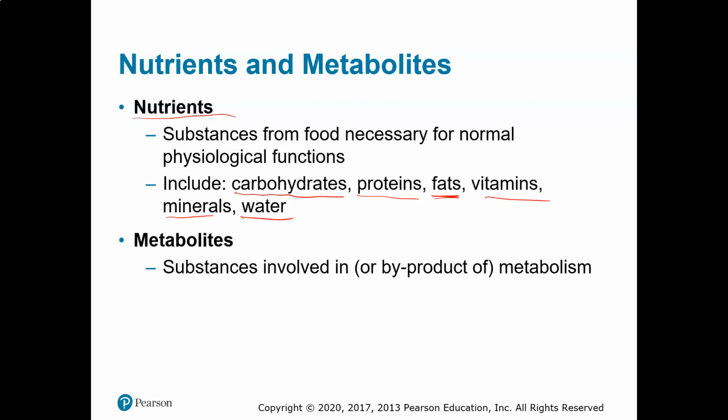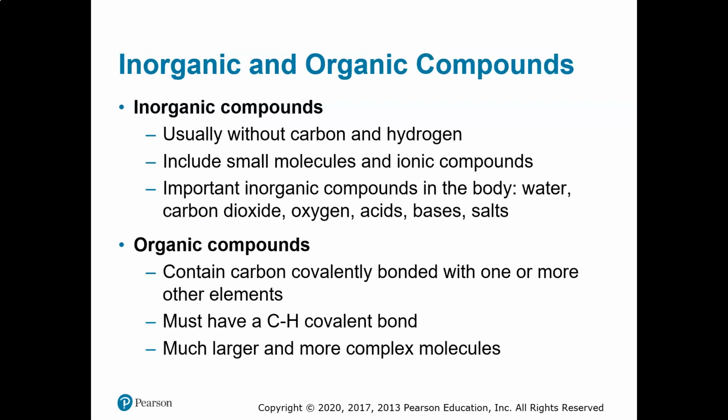Metabolites are substances involved in, or they could be the byproduct of metabolism. So they can be the substances that are built by your body or by your cells, or they can be the substances that are consumed and broken down from the food that you eat.